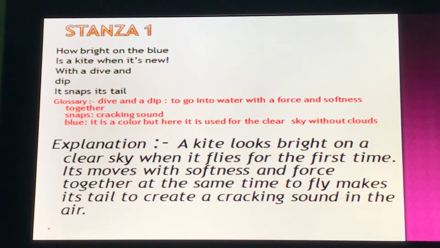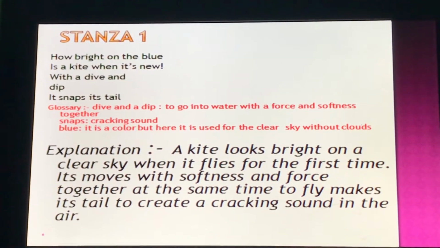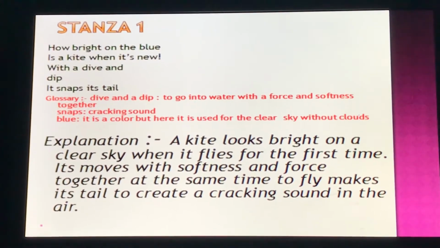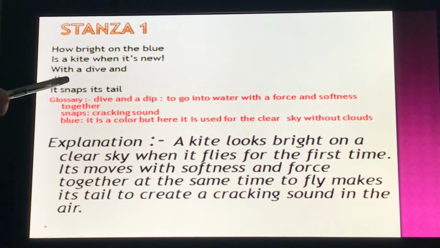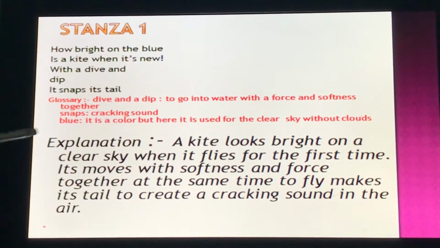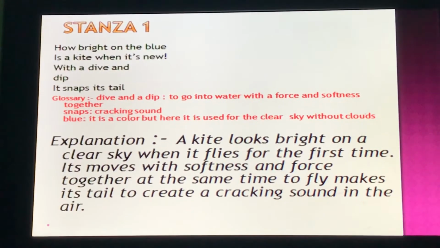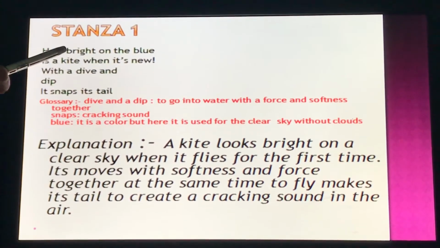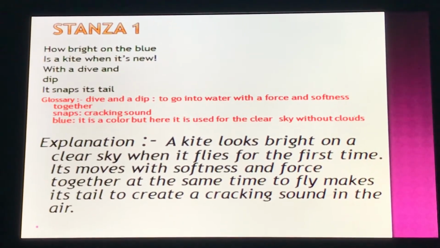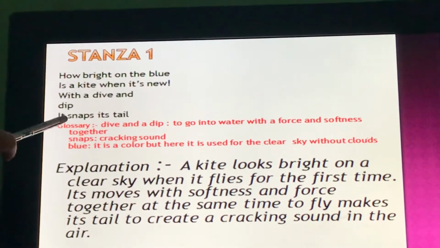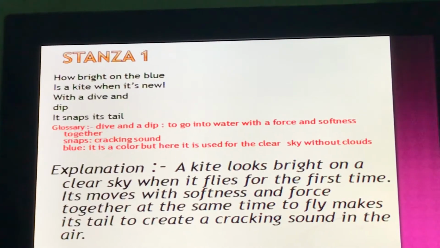To fly, it makes its tail create a cracking sound in the air. Snaps means sound. That means when a kite is very new, it looks very bright in the sky, and it flies and makes a sound by its tail.